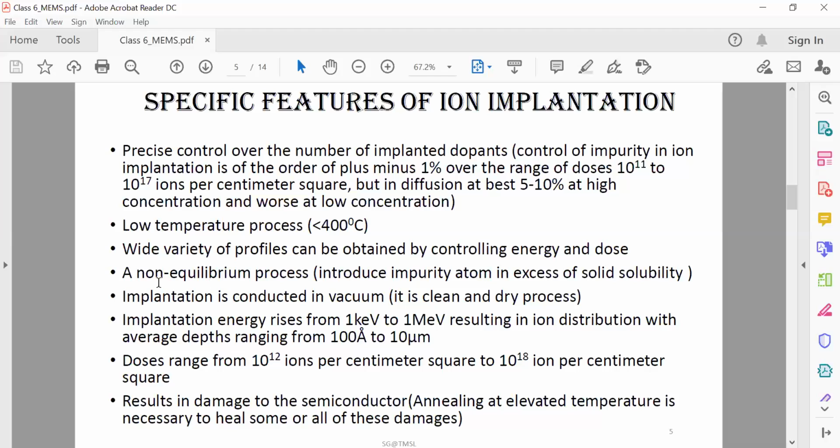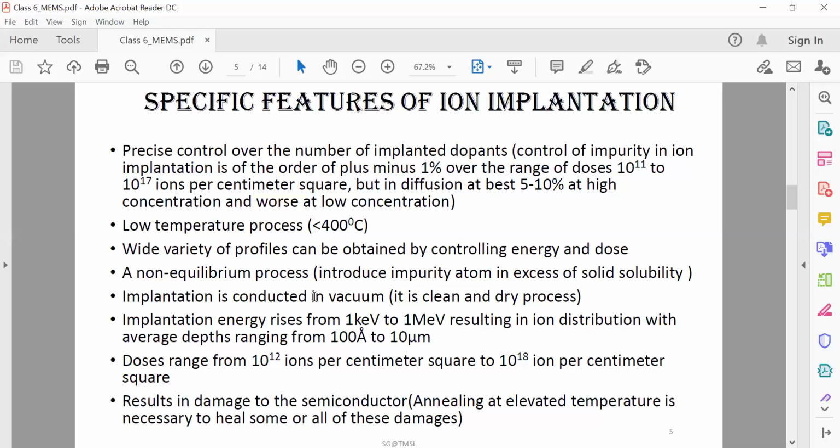So ion implantation is a non-equilibrium process. What does it mean? It means it can introduce impurity atoms in excess of solid solubility, which is not possible in the case of diffusion.